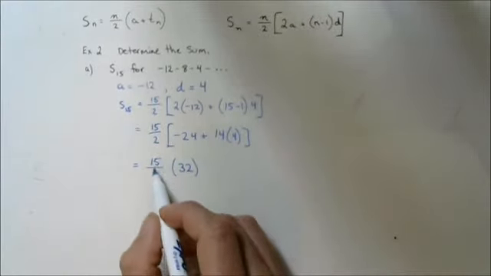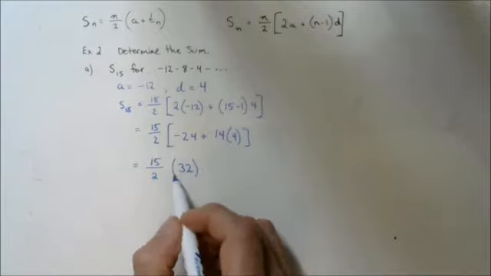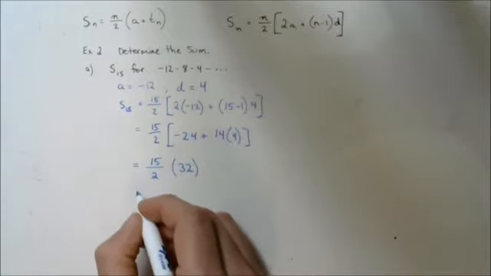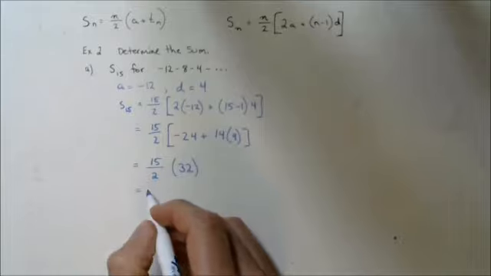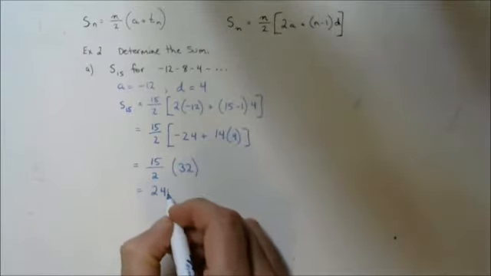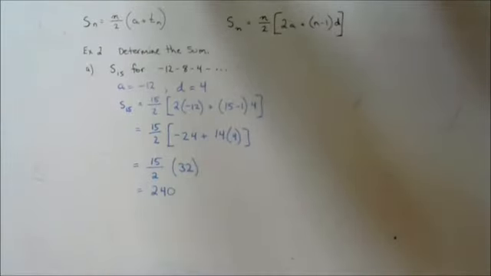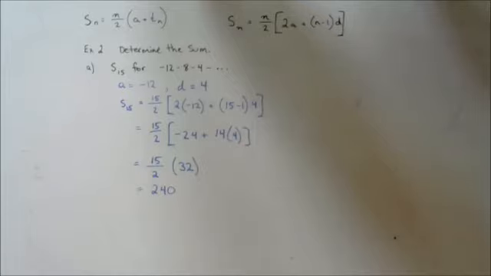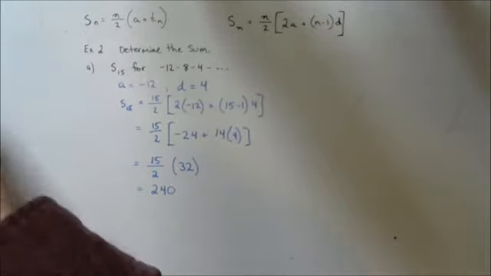And now I know why I didn't go into a decimal, because 32 divided by 2 is real easy. I'm left with 15 times 16, which is 240. So the sum of the first 15 terms of this series, just given the first 3 terms, is 240.